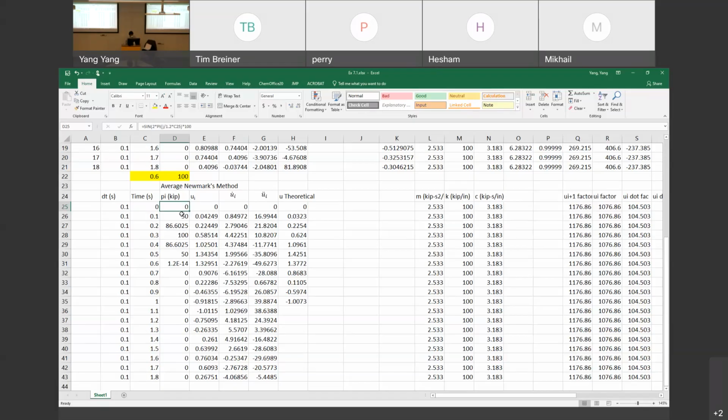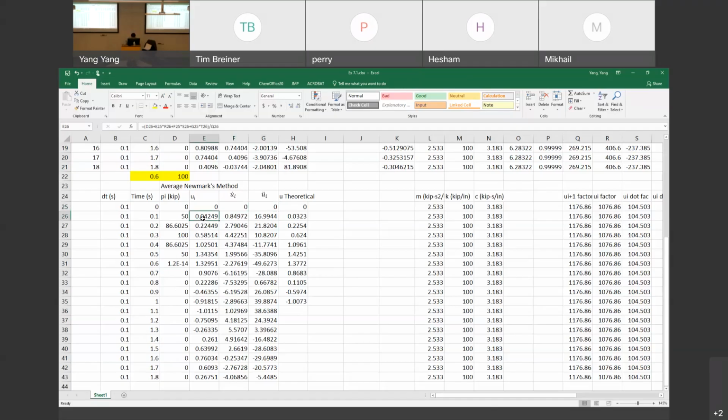Since it's a half sine wave, we have some values between 0 and 0.6 seconds, and anything else is 0. This makes sense. Now the initial condition at time 0: the initial displacement, velocity, and acceleration should all be equal to 0.